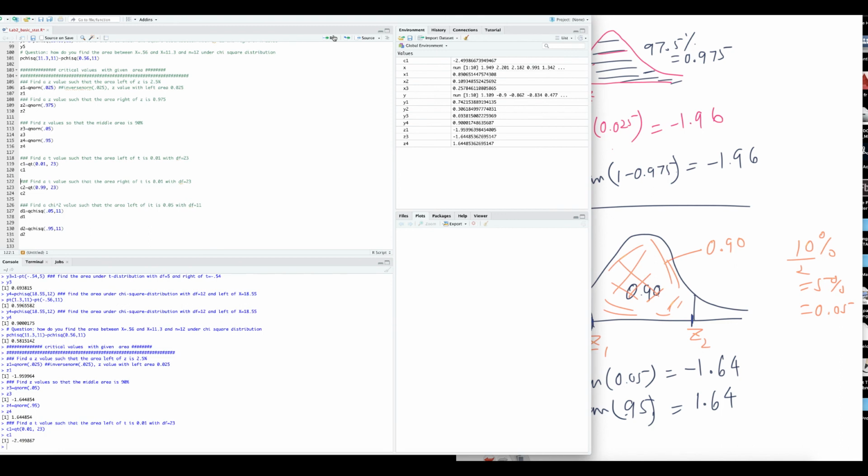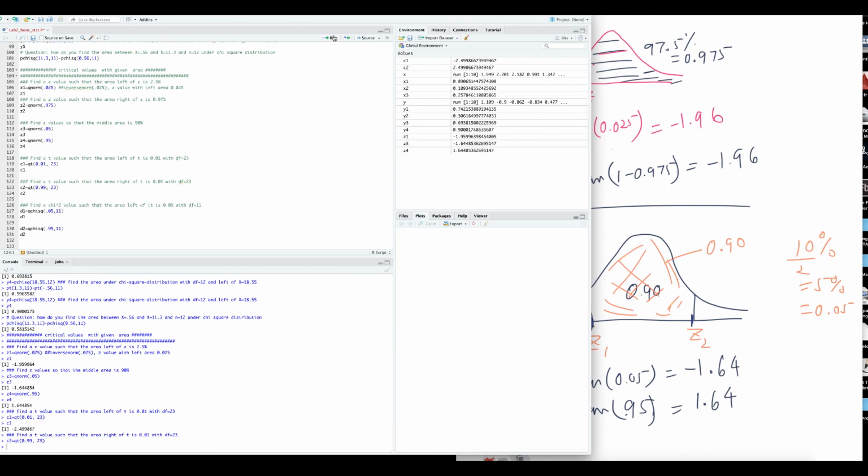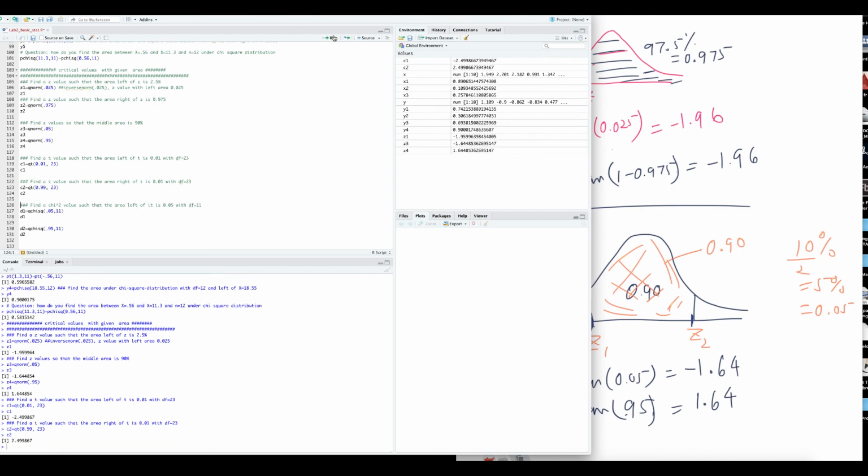Similarly, if the right area is given, qt of 0.99 gives the t value so that the area right of t is 0.01. If the right area is 0.01, then the left area is 0.99. That's why I enter 0.99, because for pt or qt you always enter the left area.